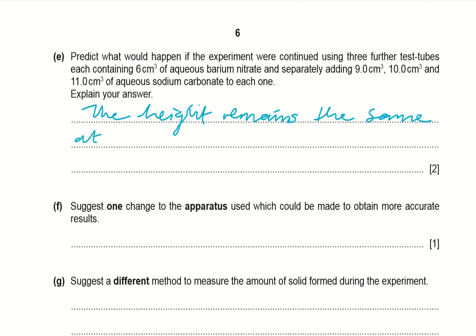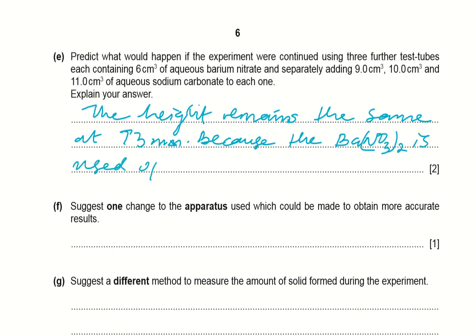That is at 73 millimeter, it remains the same. And the reason is pretty simple: because the barium nitrate is used up. It's as simple as that.